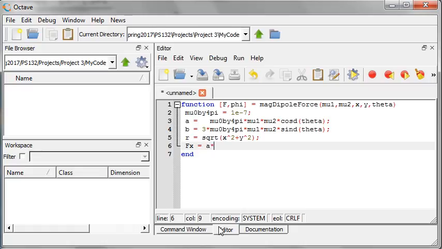A times, and then open parentheses, 9 times y, times y, divided by r to the 5th. And minus, I'm going to spread that out a little bit, 15 times x to the power of 3 divided by r to the power of 7.